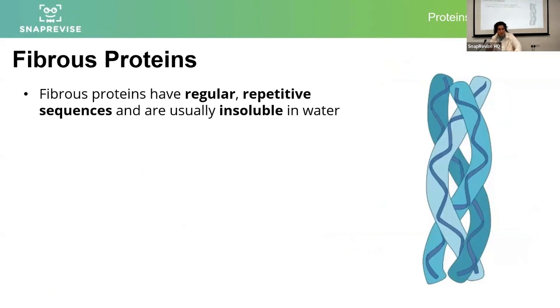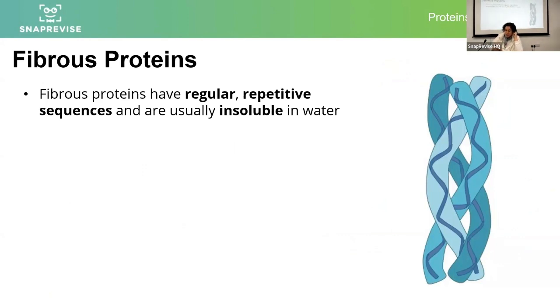What about fibrous proteins? Fibrous proteins have other features about their structure. They've got regular repetitive sequences usually. They're usually also insoluble in water. Repetitive sequences mean that there might be the same two or three amino acids repeated regularly.